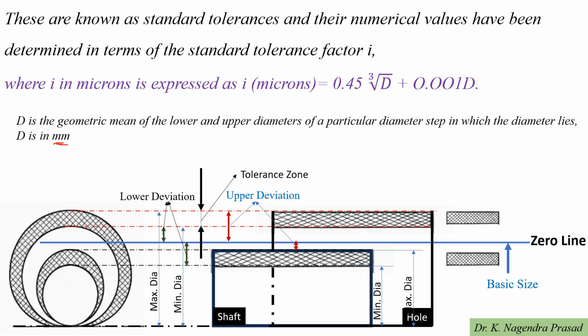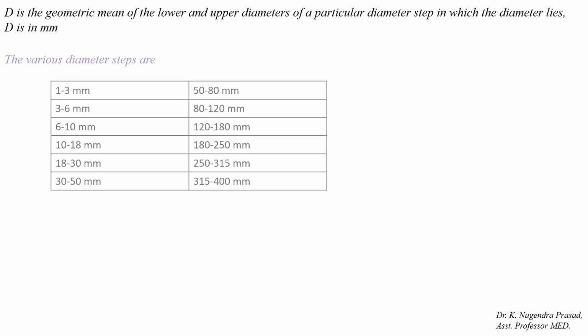So next we have to see these ranges of the capital D. The various diameter steps are generally 1 to 3, 3 to 6, 6 to 10, 10 to 18, 18 to 30, 30 to 50, 50 to 80, 80 to 120, 120 to 180, 180 to 250, 250 to 315, 315 to 400.